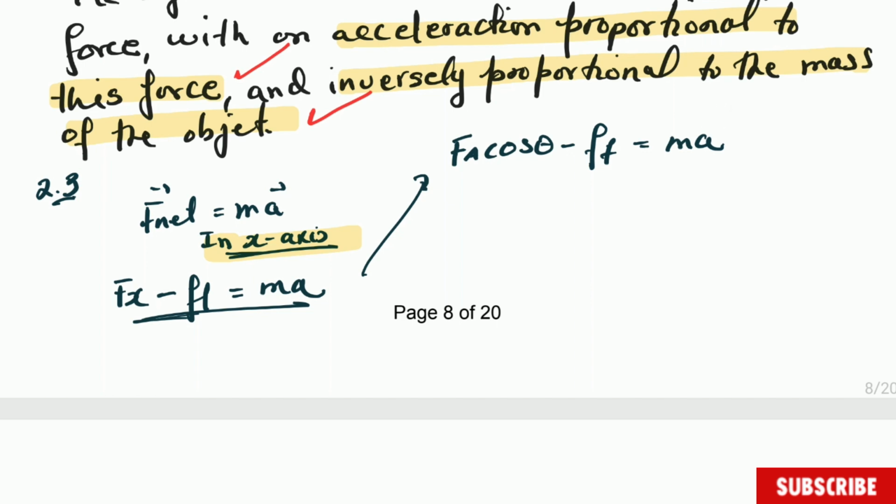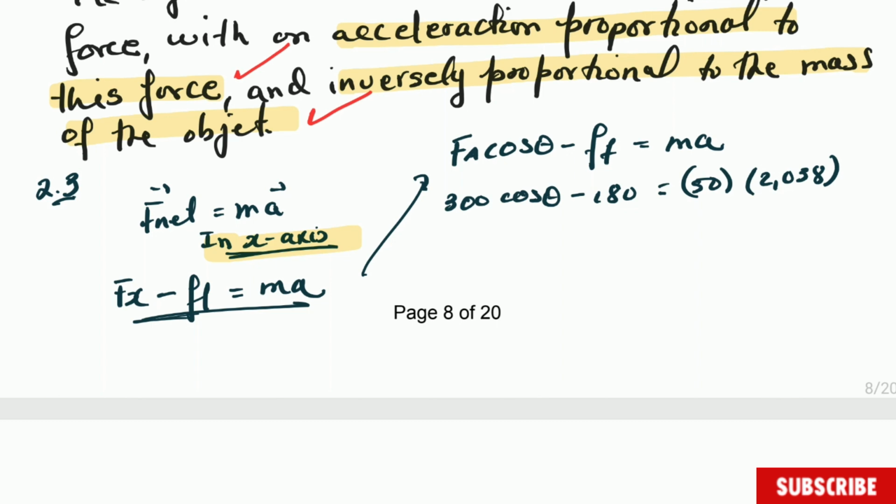So for the applied force, we have all the data here. The only thing we don't have is the angle. So when we substitute, it is going to be 300 cosine theta minus the frictional force, 180, equal to 50 multiplied by the acceleration, which is 2,038.